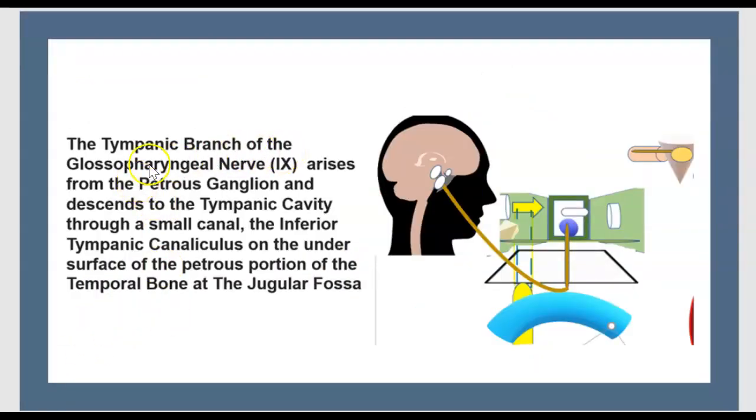The tympanic branch of the glossopharyngeal nerve arises from the petrous ganglion and descends to the tympanic cavity through a small canal, the inferior tympanic canaliculus, in the undersurface of the petrous portion of the temporal bone at the jugular fossa.